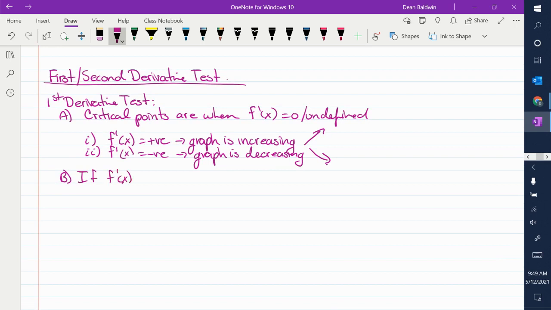If the derivative switches from positive to negative, so you've gone up and then down, you have a max at C, which is the critical number.